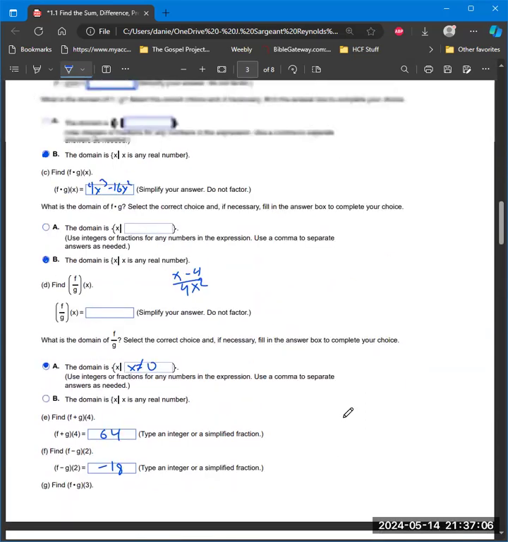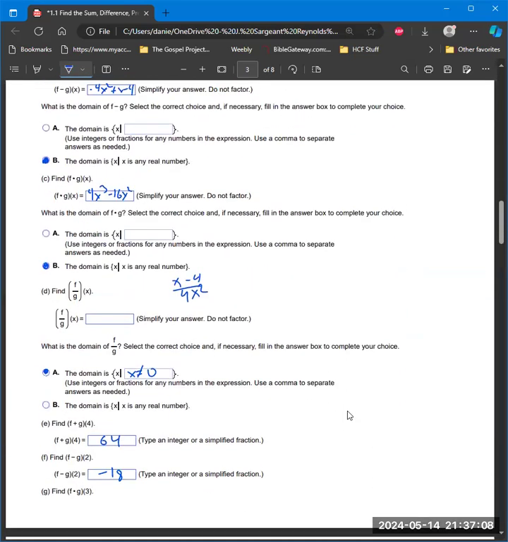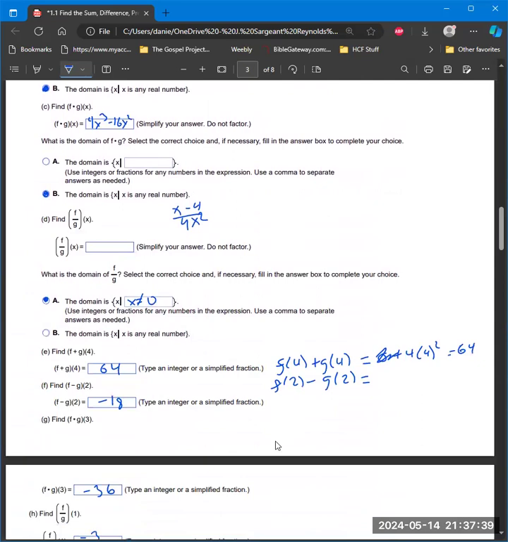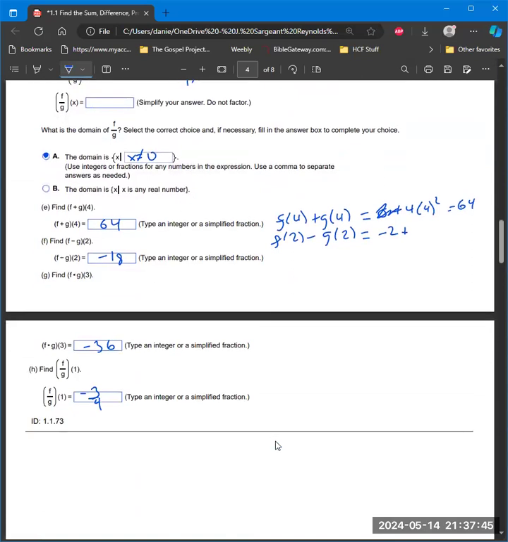Let me show you what I did. So this is the same thing as f of 4 plus g of 4, which was equal to 0 plus 4 times 4 squared. Well, that didn't do anything. 4 cubed is 64. And then f of 2 minus g of 2 is equal to negative 2 minus 4 times 4, which is 16.